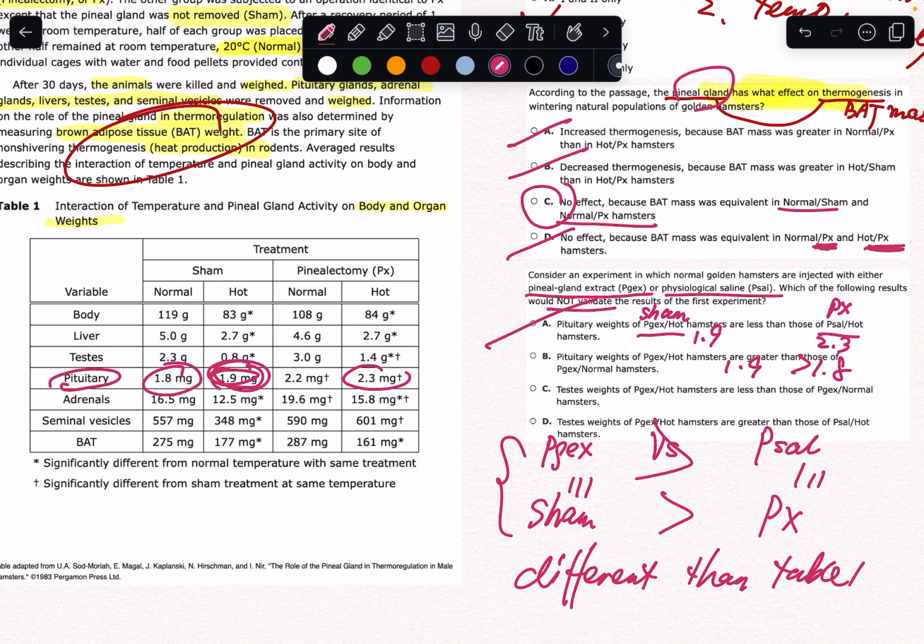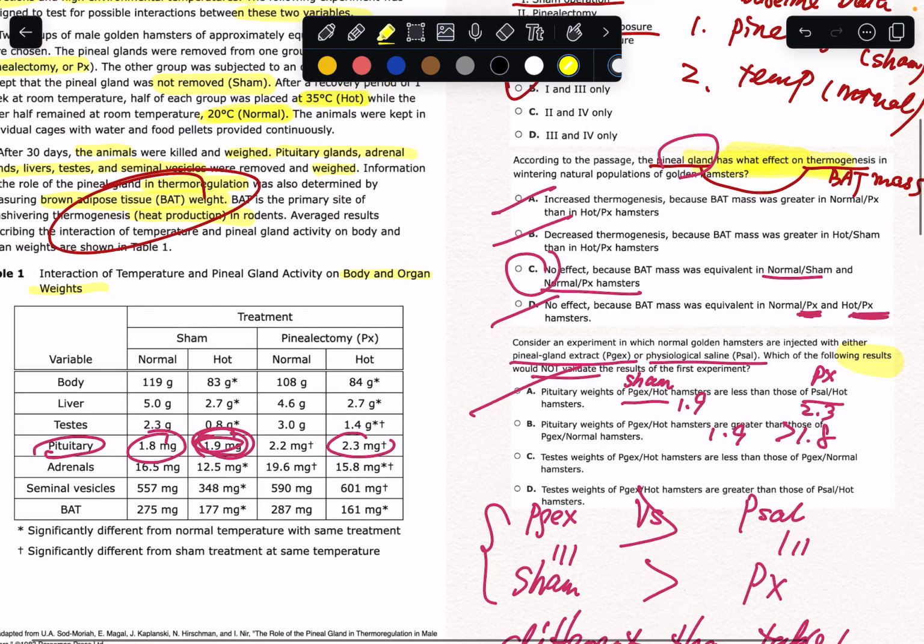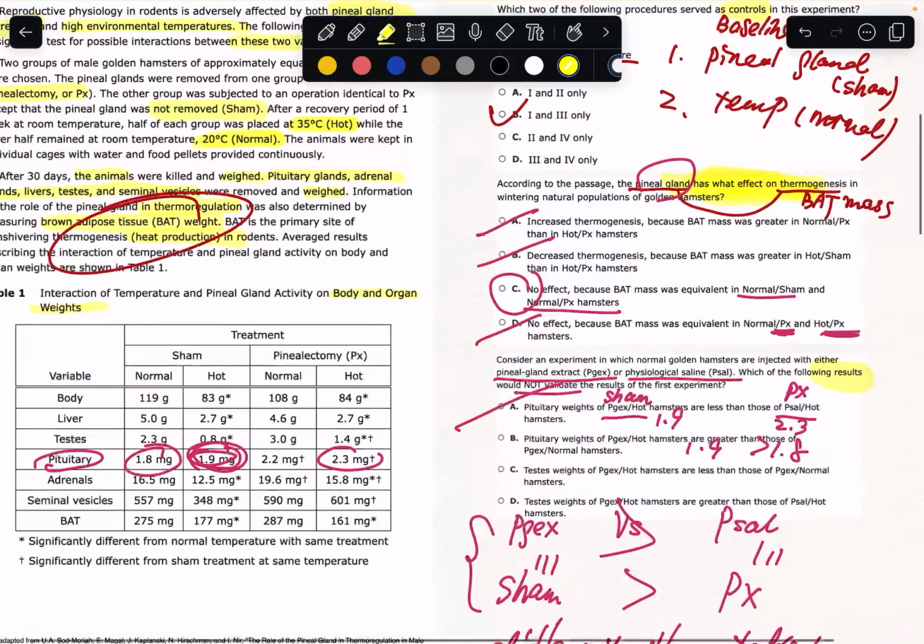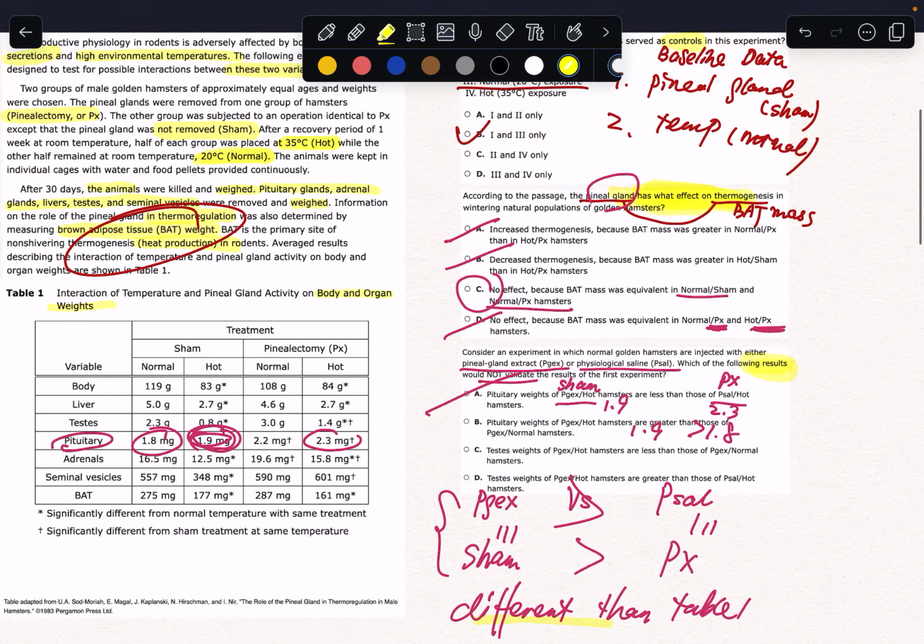Why doesn't it have to be significantly greater? Because this question stem is asking about the experiment result, whereas the last question was asking about the effect. To have an effect, you want the results to be significant. But here it's just asking about the results, so it is what it is: 1.9 is just larger than 1.8. This also aligns with my table, not different from table 1, so I'm going to cross this out.